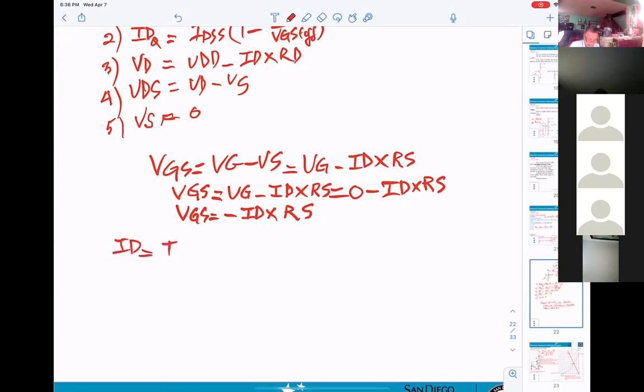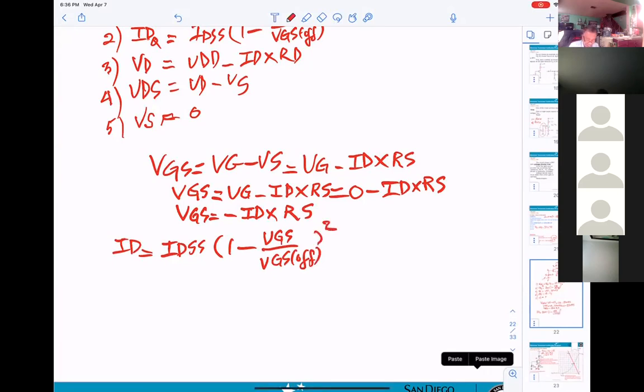ID equals IDSS times (1 minus VGS divided by VGS off) squared. Then you have to substitute the VGS into the equation.